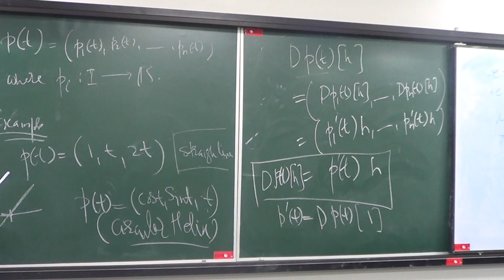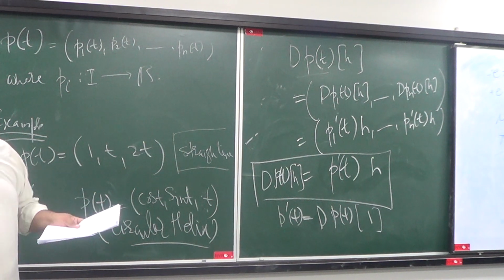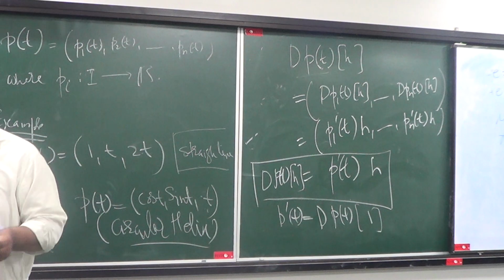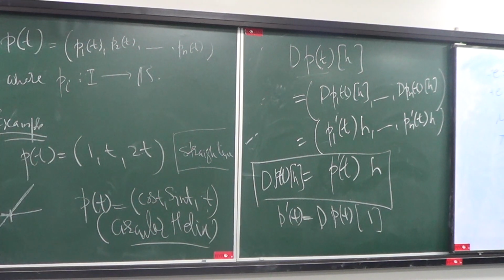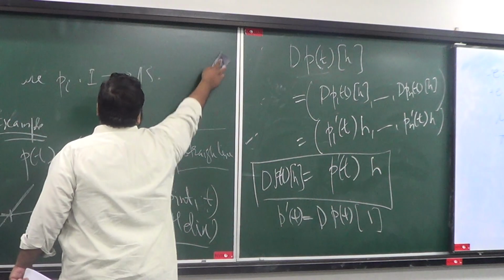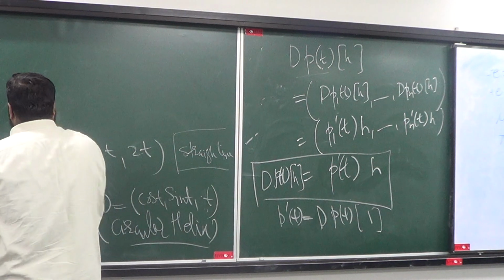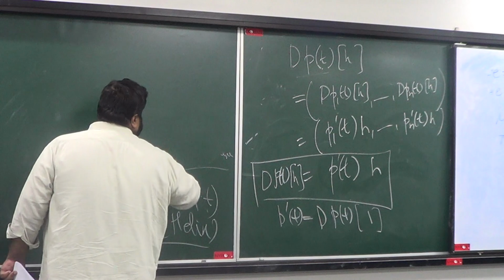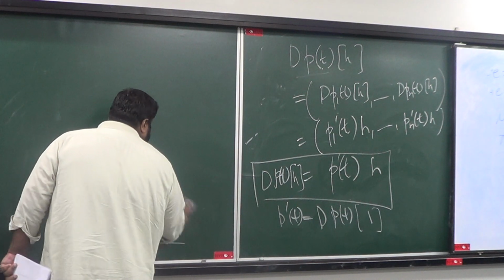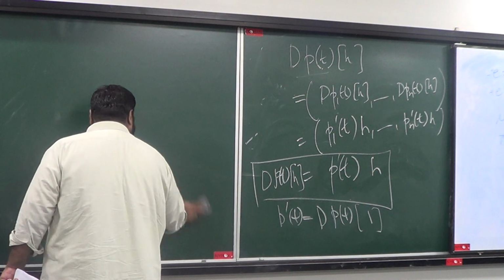So now let's talk about one very interesting property of the Frechet derivative, but before that I need to define what we mean by having a velocity of the particle. If I interpret the path as the path traced by a particle that is moving in space, then what would be the meaning of velocity?